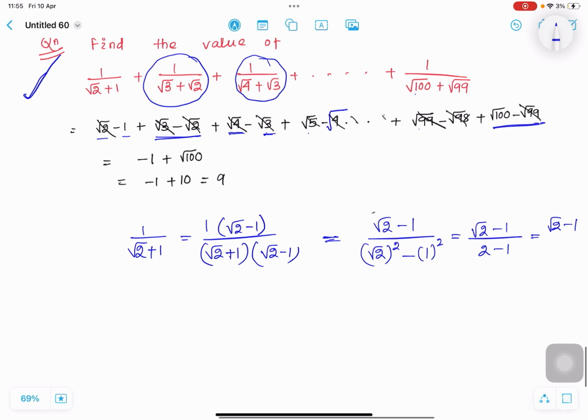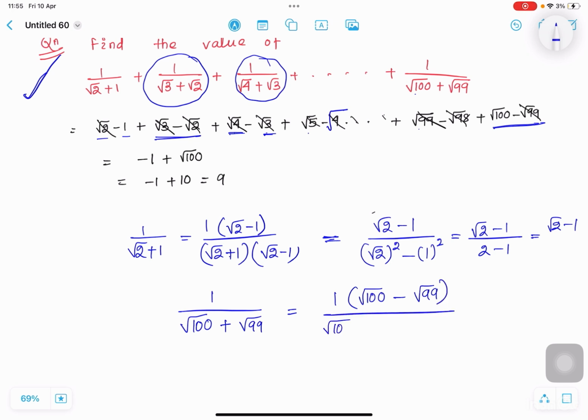Okay, how? See, I am showing you the last term. If I rationalize it, I have to write root 100 minus root 99 by root 100 plus root 99 into root 100 minus root 99.